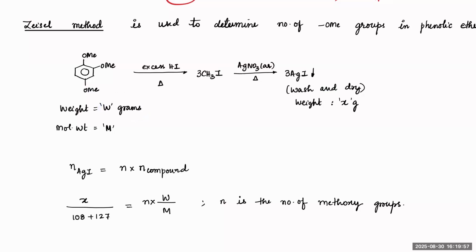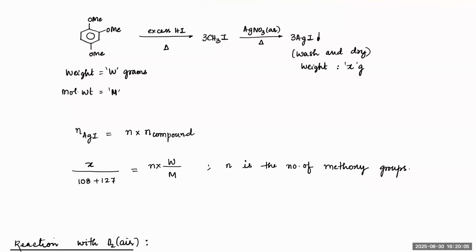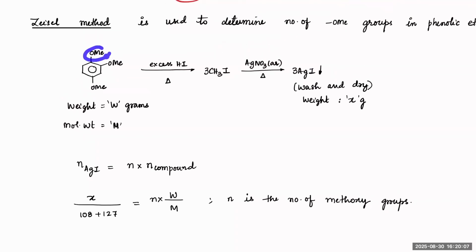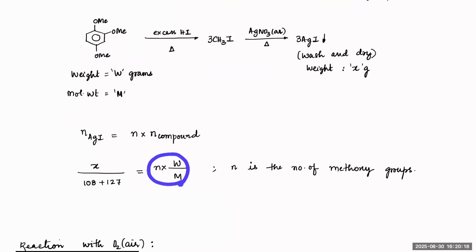So how many moles will you have? W by M is the number of moles, correct? And let's say if you have N methoxy groups, then N times the number of moles will give you the total number of methoxy groups. That total number of methoxy groups should match the total number of AgI, correct?